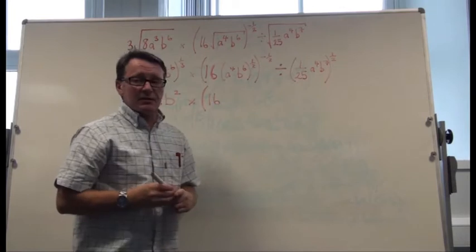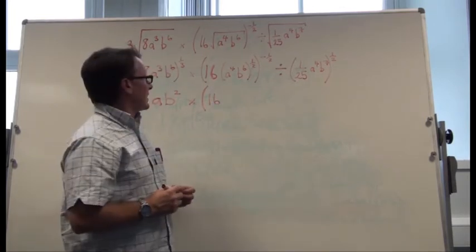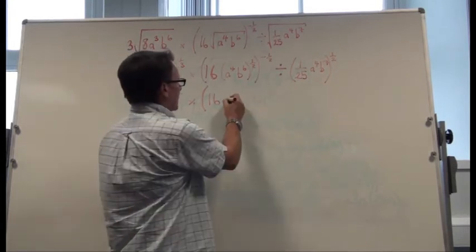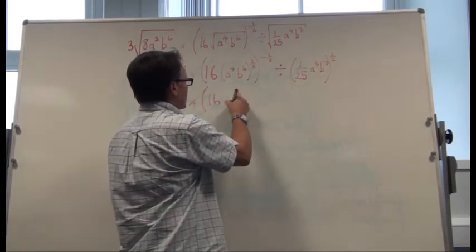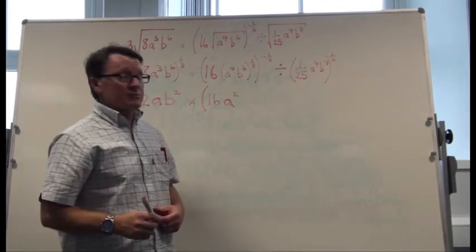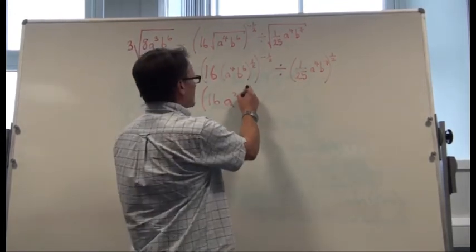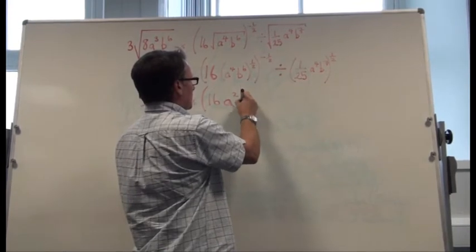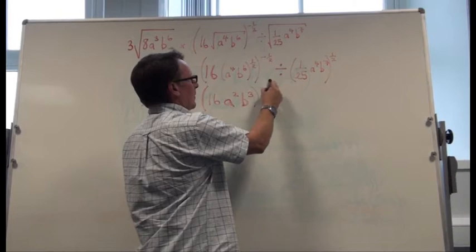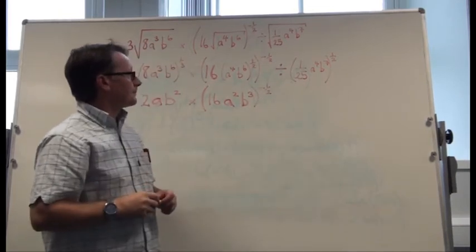The inner brackets, we can multiply the powers again, so that will give us a to the 4 times a half, which is a squared, and b to the 6 times a half, which is b cubed. And all of that is still to be raised to the power minus a half.